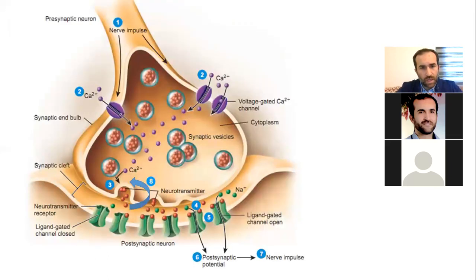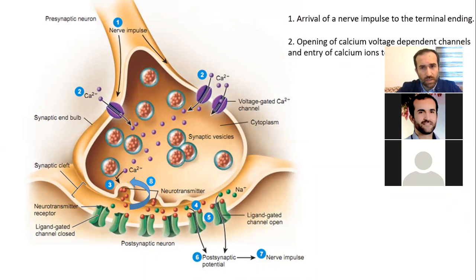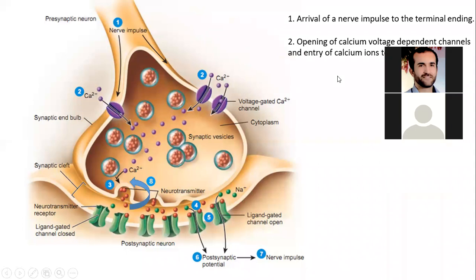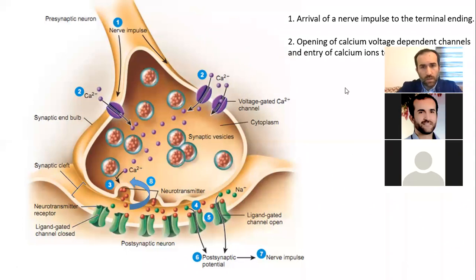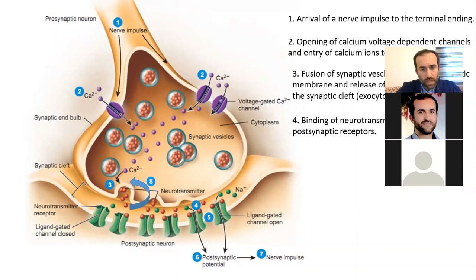Also, you have to know everything about the synaptic transmission with all the steps: arrival of nerve impulse, opening of voltage-dependent channels, also the entry of Ca2+ ions to make fusion of the synaptic vesicles with the presynaptic membrane that will make exocytosis of neurotransmitters, and then binding of the neurotransmitters on the postsynaptic channels that are chemical dependent channels.